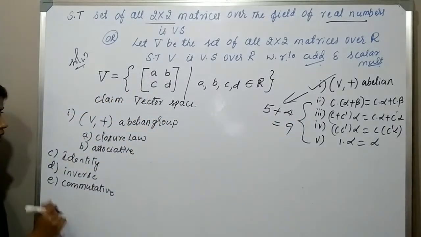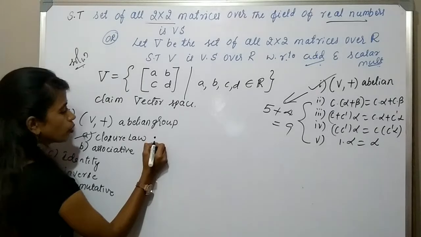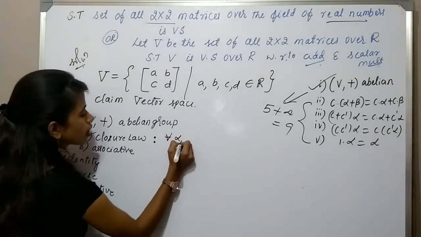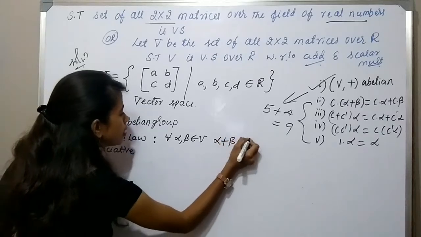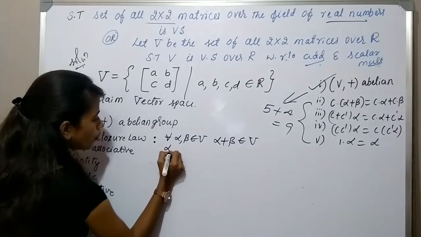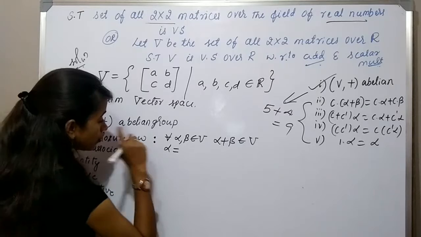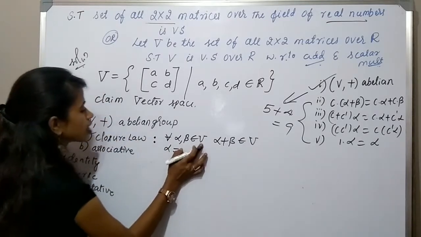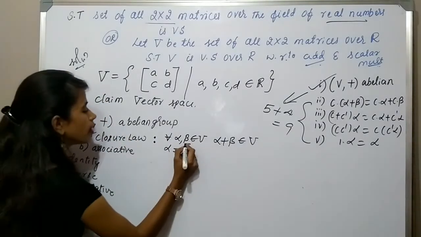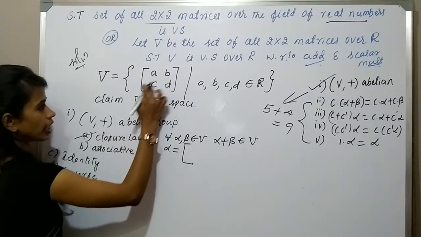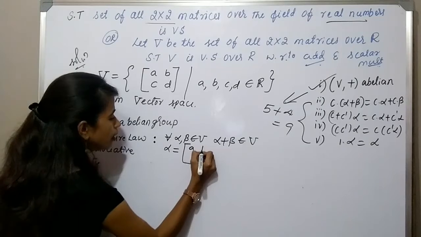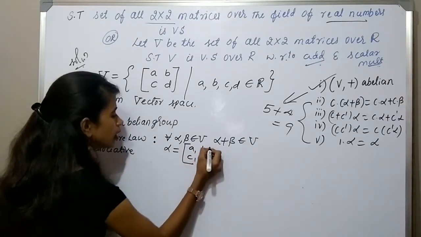First start with the closure law. What do we mean by the closure law? For all alpha, beta belonging to V, alpha plus beta must be in V. Alpha belongs to V means alpha is a 2 by 2 matrix of the form A1, B1, C1, D1.